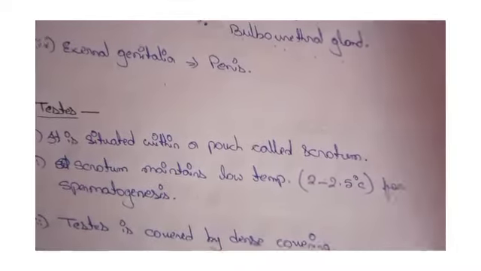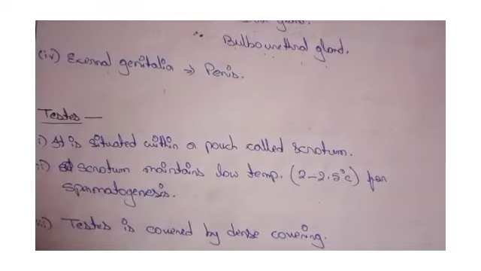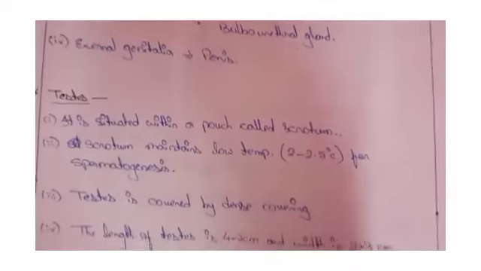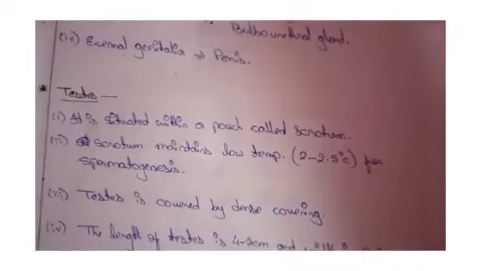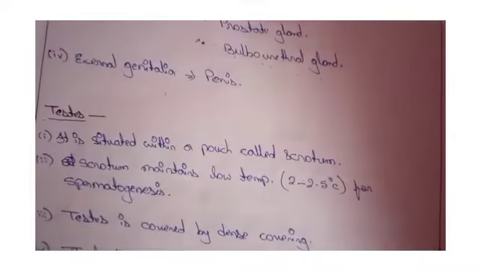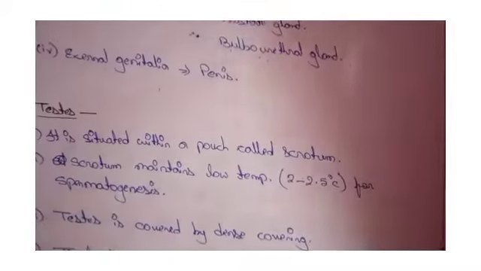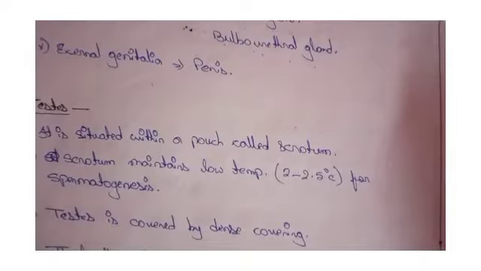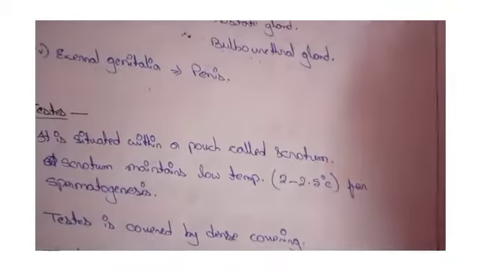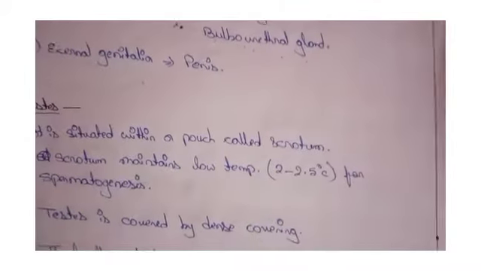The answer is that the testes need a temperature 2 to 3 degrees lower than body temperature to produce sperm.